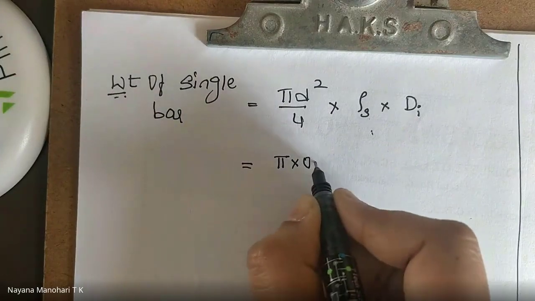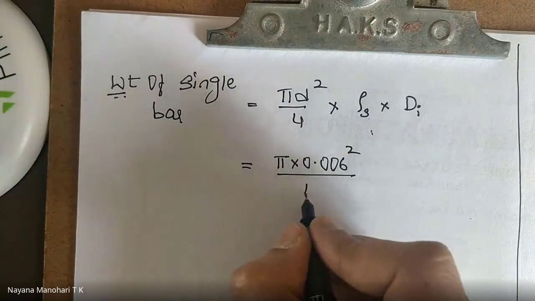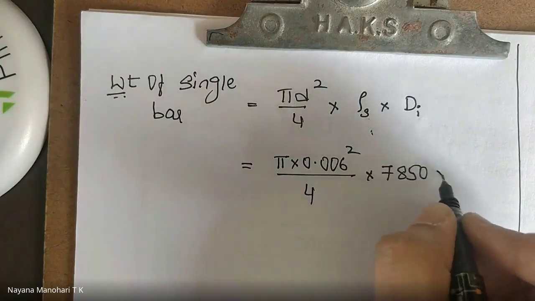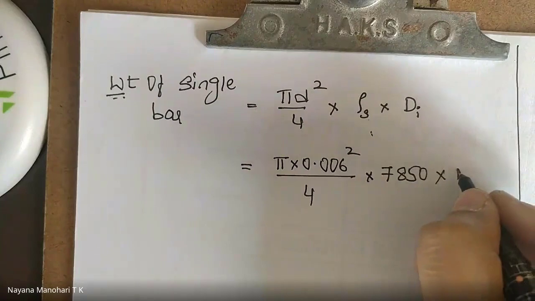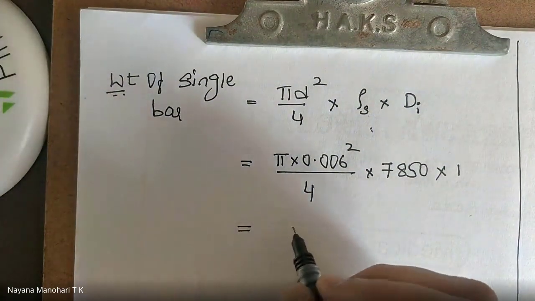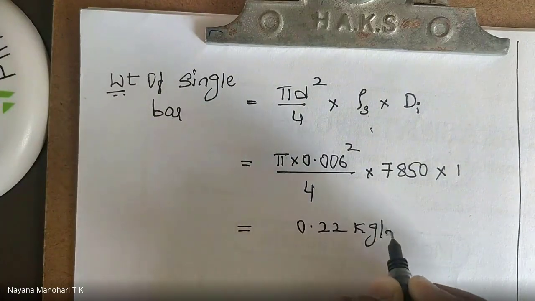In terms of meter, 6 mm is 0.006, into density 7850, into internal dia, which is 1 meter. You will get 0.22 kg per meter.